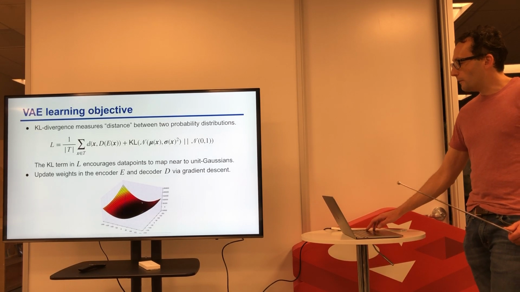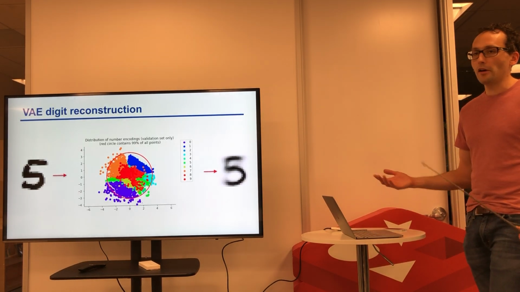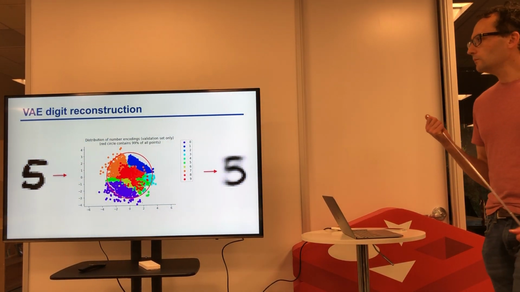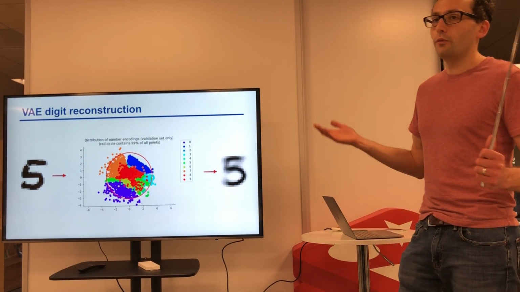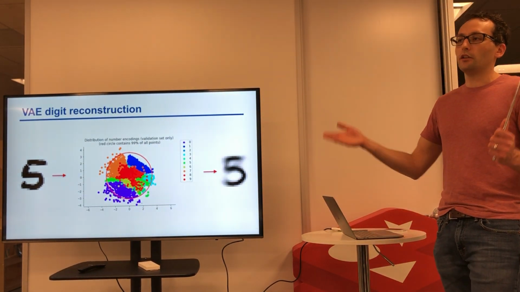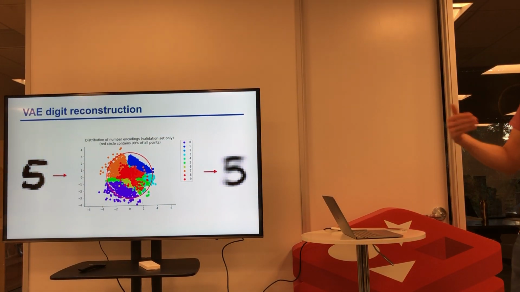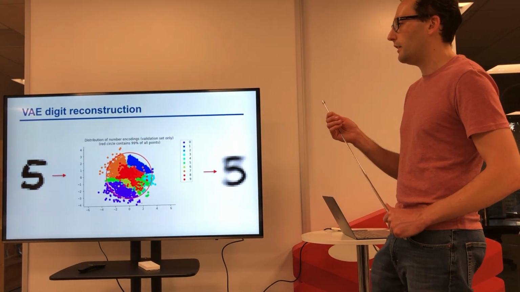So, given these constraints, is all of this going to produce a reasonable model? It does, actually. The first thing we're going to look at is the task of reconstruction. This is something we don't want to lose our ability for from autoencoders. We want to be able to do as well as we previously did there.